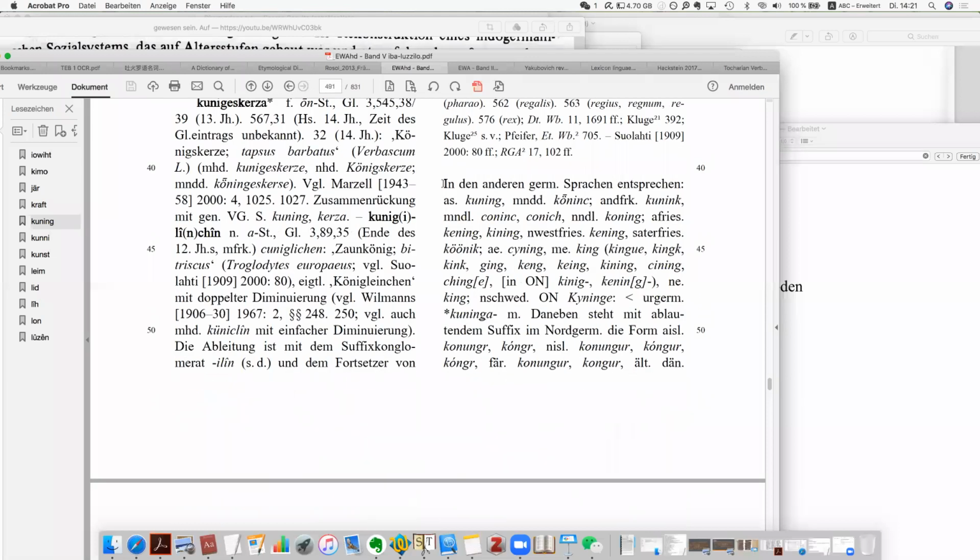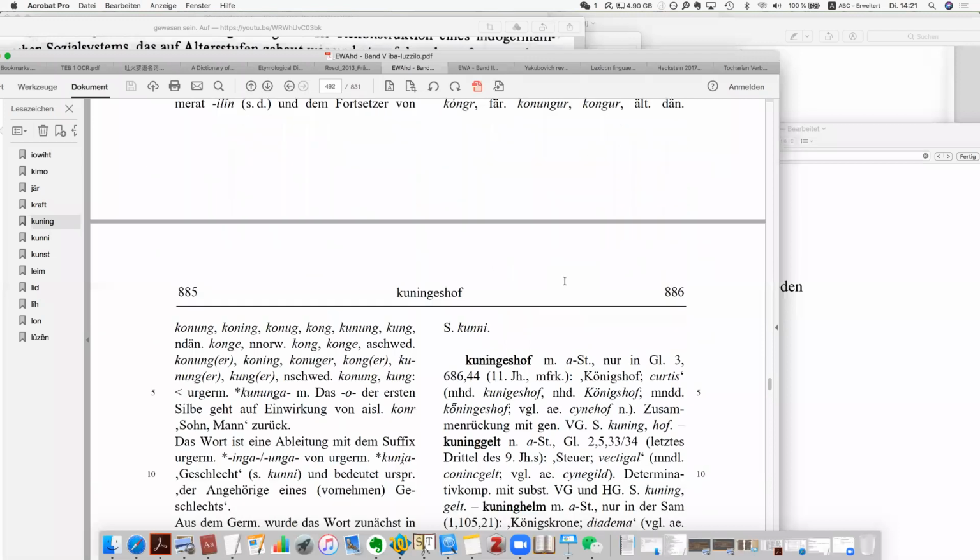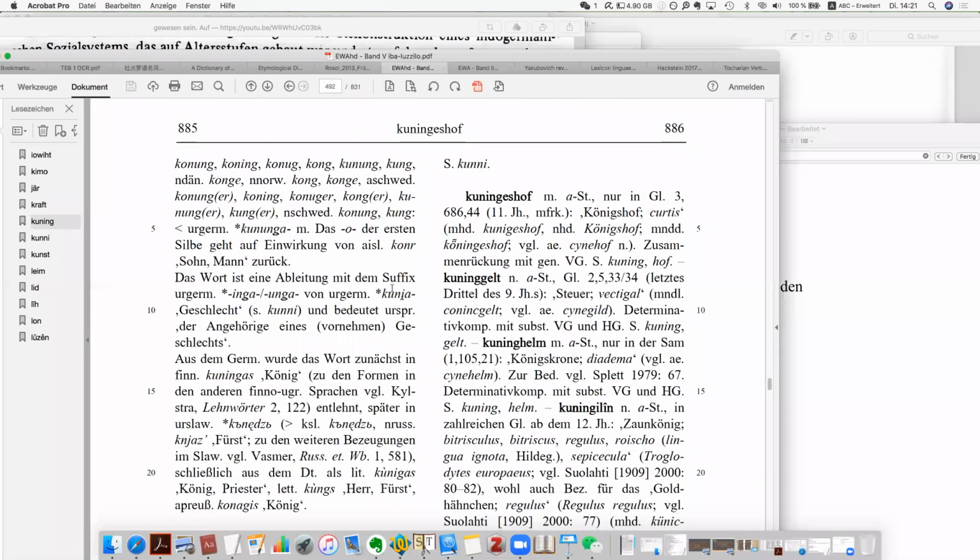So here you see there are other Germanic words like Old English Kuning, and also Old Saxon Kuning, and also Old Frisian Kenin, and so on. So they are related. And then let's move on to the etymological section.